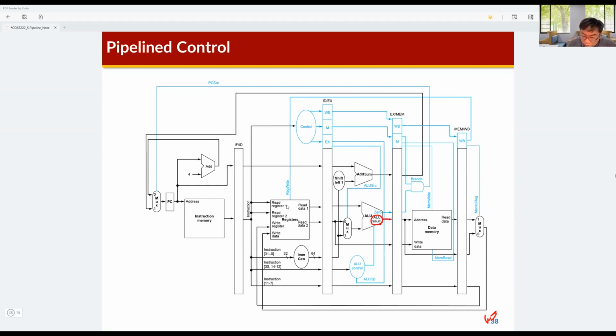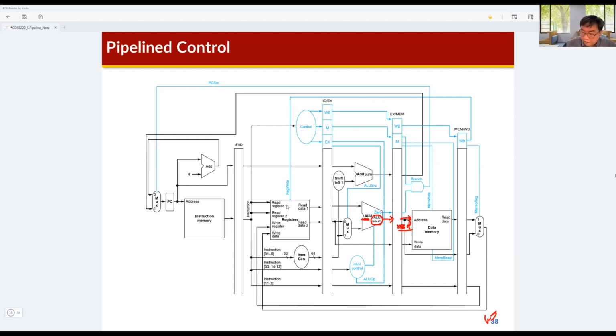Then this ALU result is propagated to the next stage via this EX and MEM pipeline register. So actually, this is the result of this ALU, and this can be used by the next instruction.